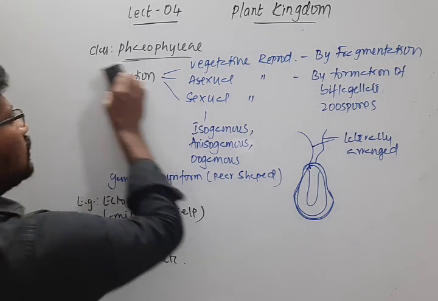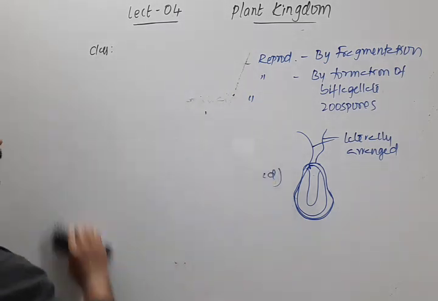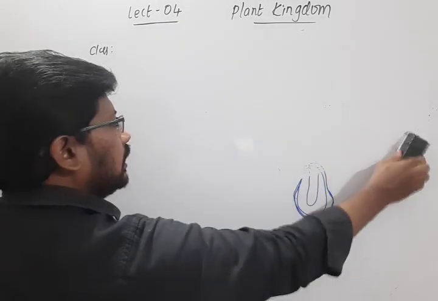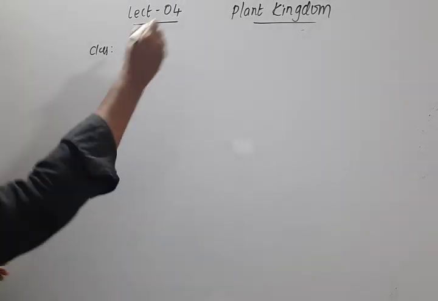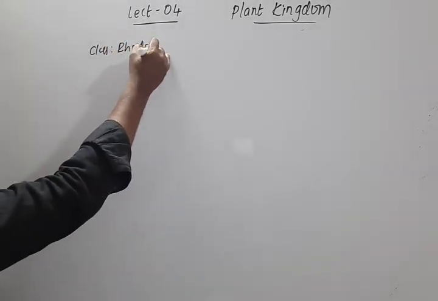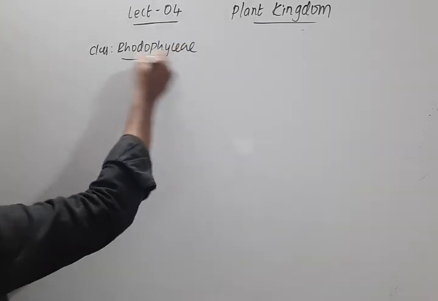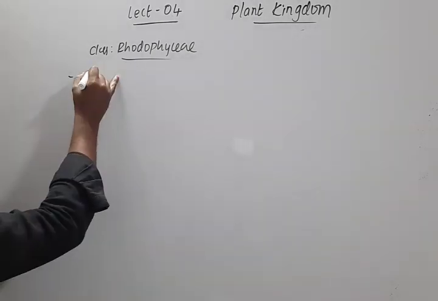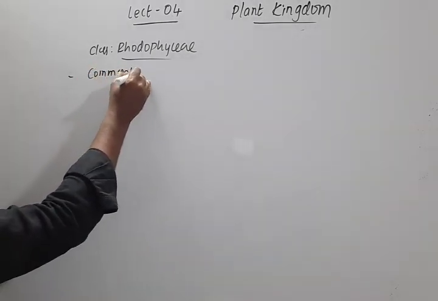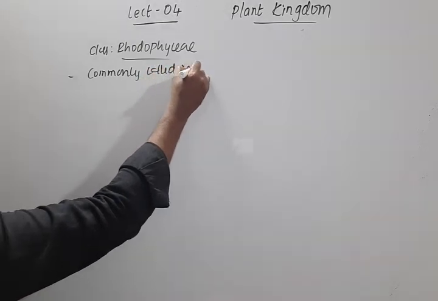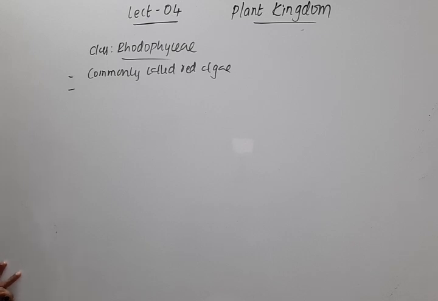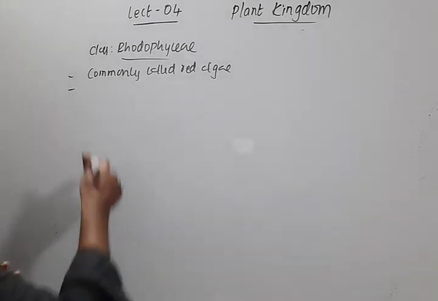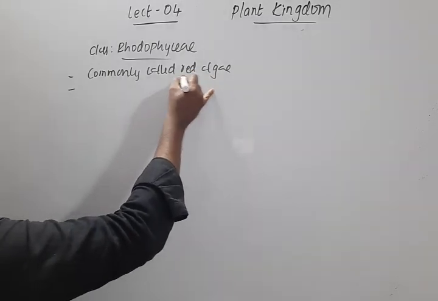Then let's look at the last group of algae, that is Rhodophyceae. This group Rhodophyceae is commonly called red algae. Why are they red in color?